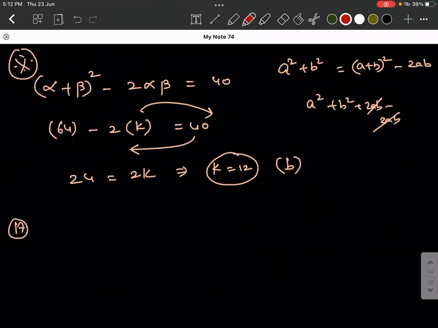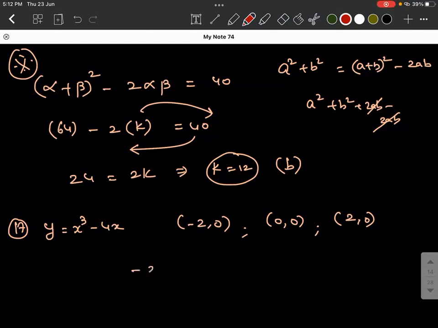The graph y is equal to x cube minus 4x cuts the x-axis at minus 2 comma 0, 0 comma 0 and 2 comma 0. Then the zeros of x cube minus 4x are, even without solving you can tell, minus 2, 0 and 2.